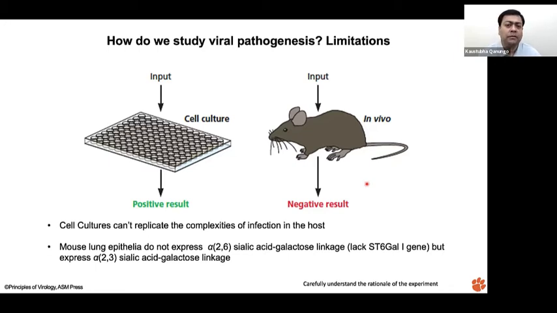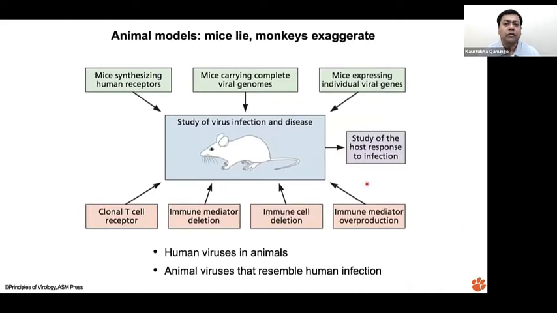So these are some of the limitations. On the other hand, animal models are used, and unfortunately we say that mice lie and monkeys exaggerate. It's funny, but what you do in mice or ferrets or monkeys is not exactly the same as in humans, and it is very difficult to conduct this experiment in humans.